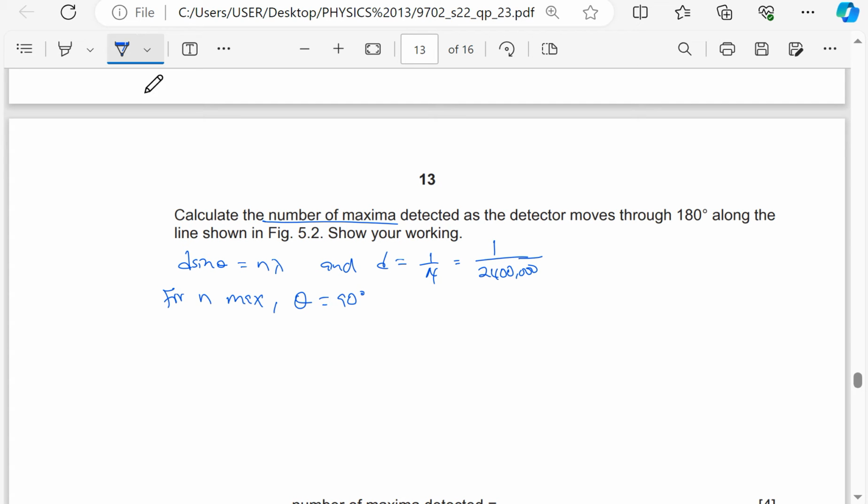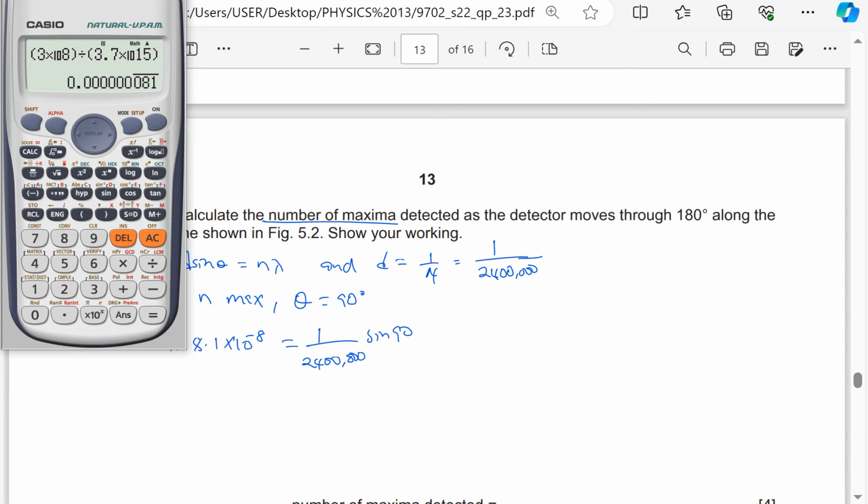So I'll simply say that n times wavelength, which is 8.1 times 10 to the power of minus 8, should be equal to d, where I'm putting 1 over 2,400,000, then times sine of 90, which is 1.